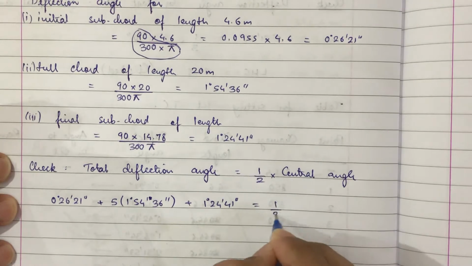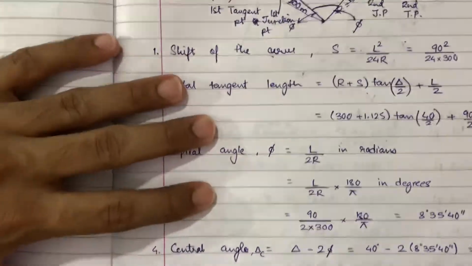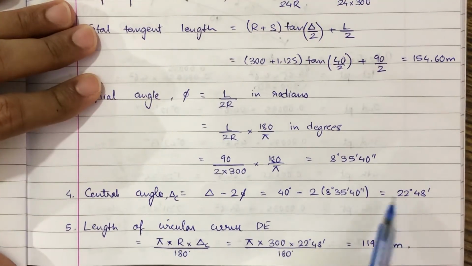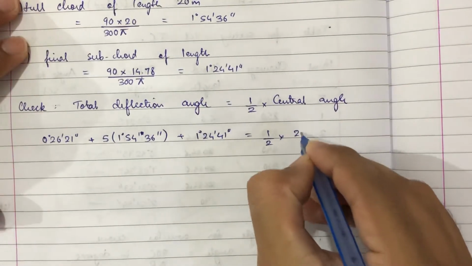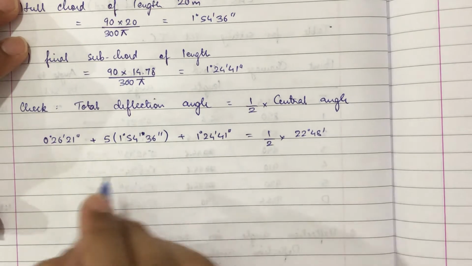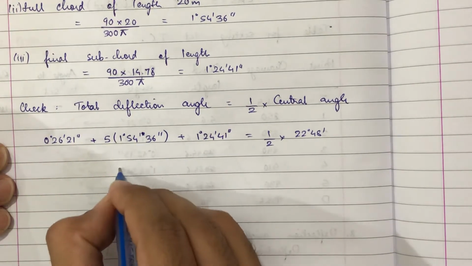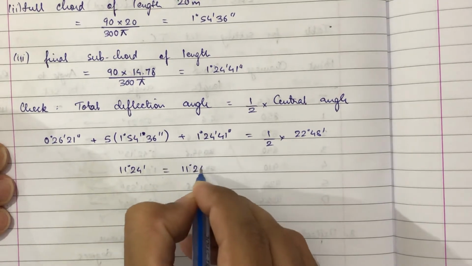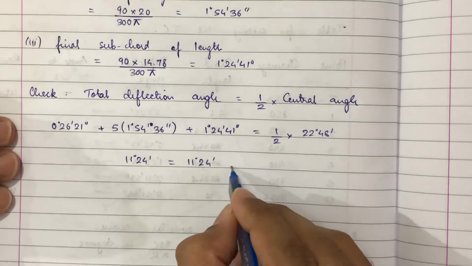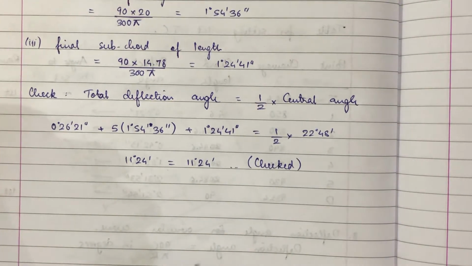This will be equal to half into central angle. The central angle is given as 22 degree 48 minutes. On calculating, it comes out to 11 degree 24 minutes on both sides. Hence, this is also checked and found correct.